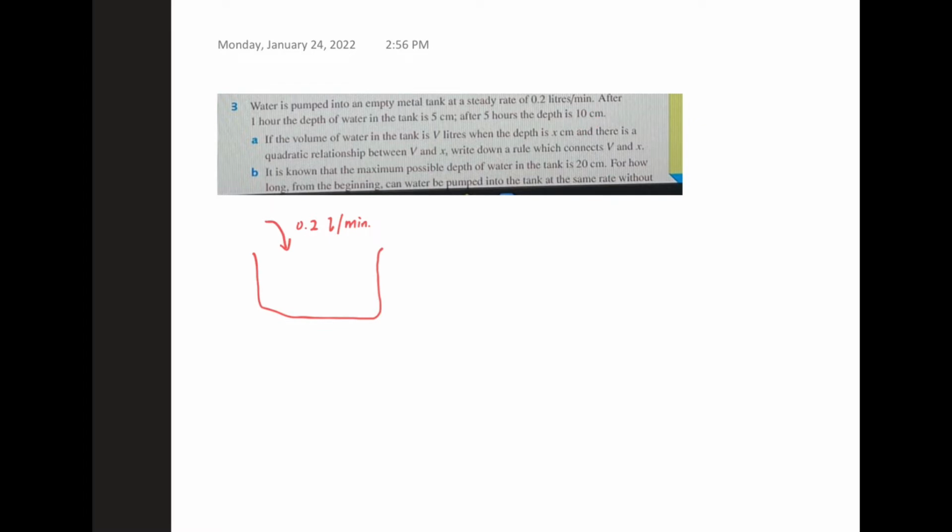So when the time is 1 hour, the depth is 5 cm. When the time is 5 hours, the depth is 10 cm.